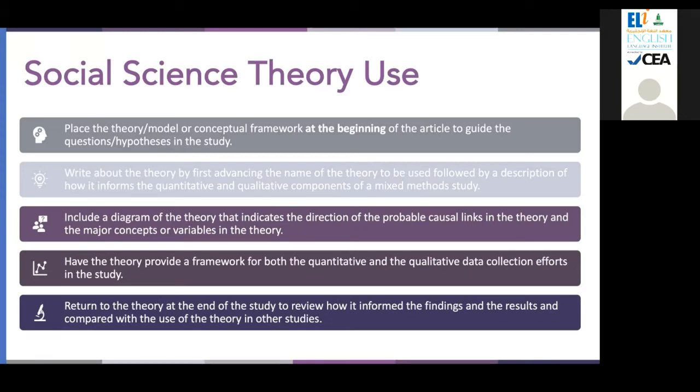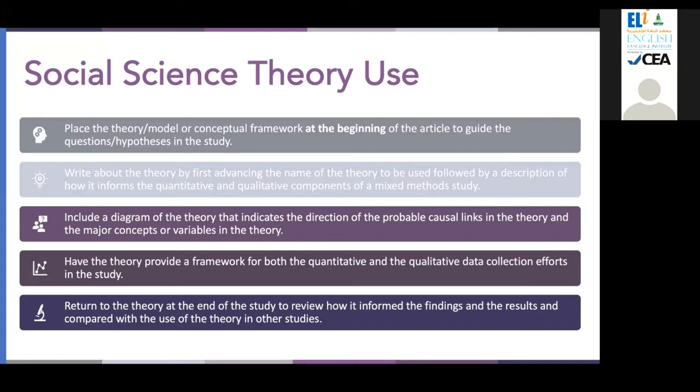So include a diagram of the theory that indicates the direction of the probable causal links in the theory and the major concepts or variables in the theory. And then have the theory provide a framework for both quantitative and qualitative data collection efforts in the study. So you will also relate the framework of choice to the methods you use to collect the data.